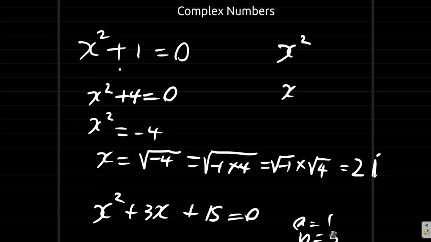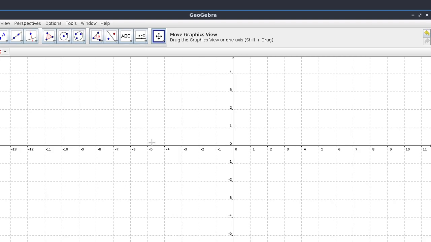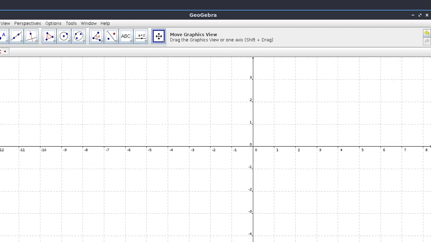X squared plus 1 equals 0. All right, so we have x raised to the power of 2 plus 1 equals 0. What we would have is y equals x squared plus 1.